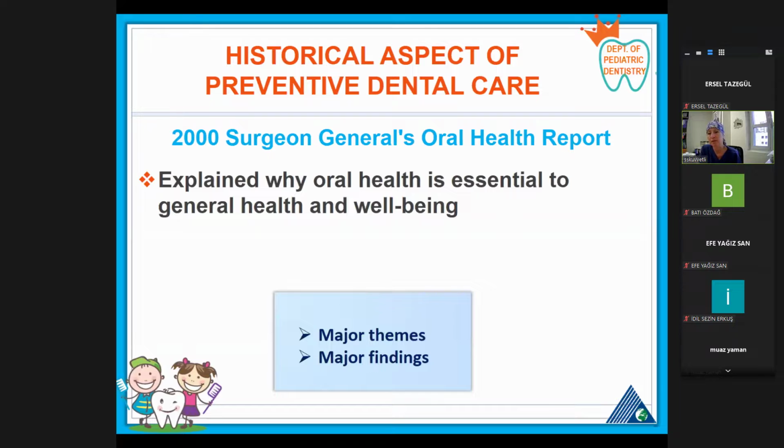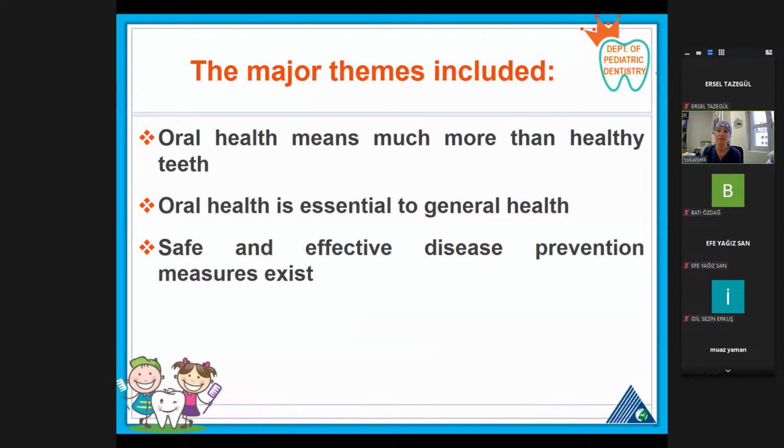So in this report, there were major themes and major findings, and these major themes included: oral health means much more than healthy teeth. Oral health is essential to general health. Safe and effective disease prevention measures exist. So this is the situation around 2000. Now we know that we have to prevent oral diseases for these reasons.